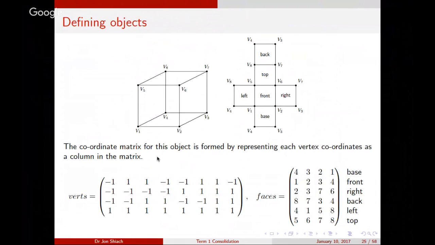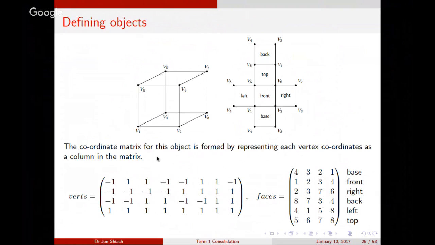When we're defining objects, it helps to do it in a consistent manner. We need two things: the positions of the vertices of our object, and information on the faces of the object. The simplest kind of object is a cube. You can see here I've got a cube.